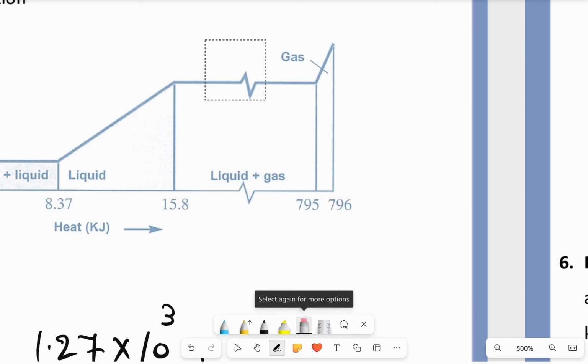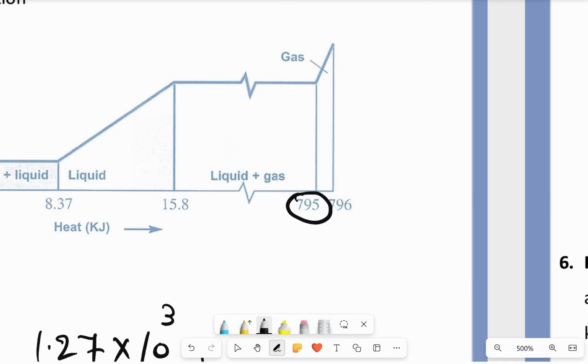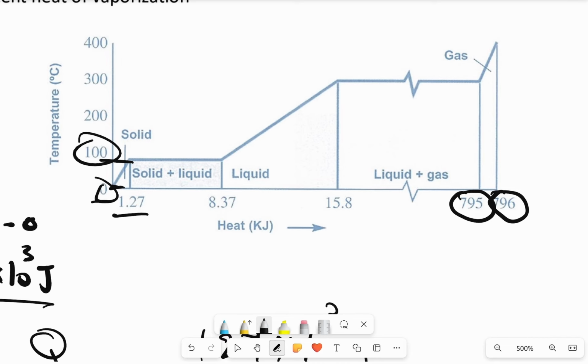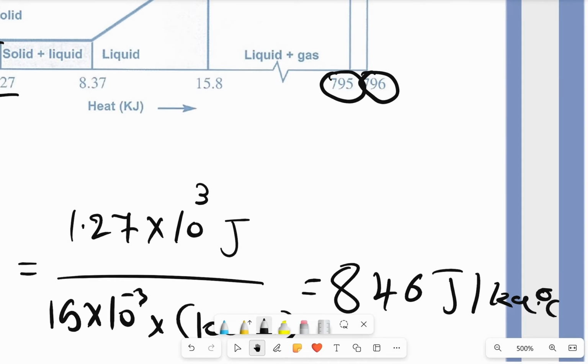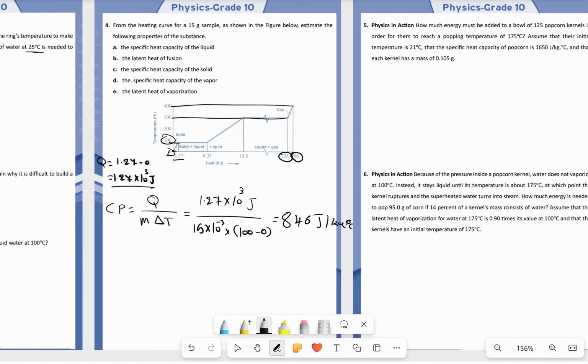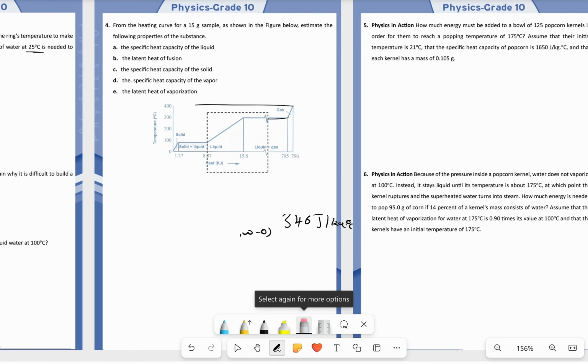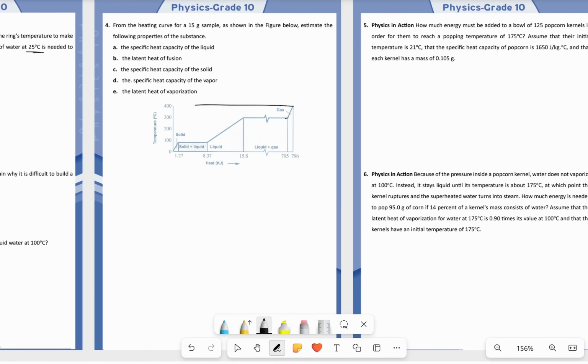So look at this one here. This is gas, which is from 795 to 796 kilojoules. And this is from 300 to 400. Careful, okay? I'll erase this, it's kind of annoying to always zoom in and zoom out.